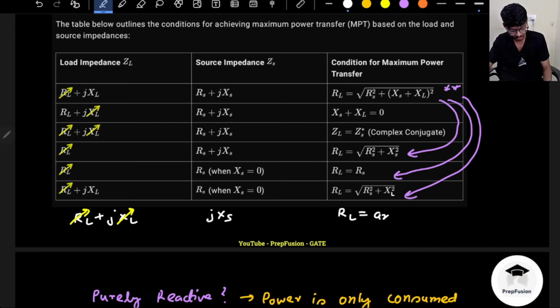For any value of RL, it will always be maximum power transfer. I will explain what I mean by that, but the condition being that your XL is equal to minus XS.